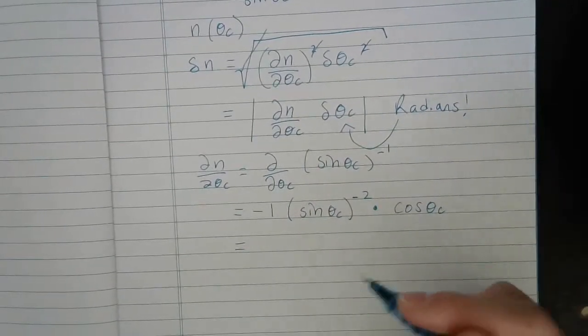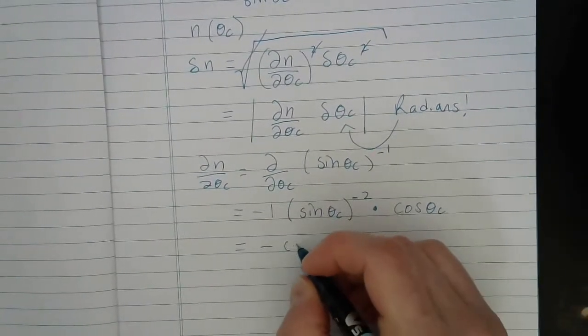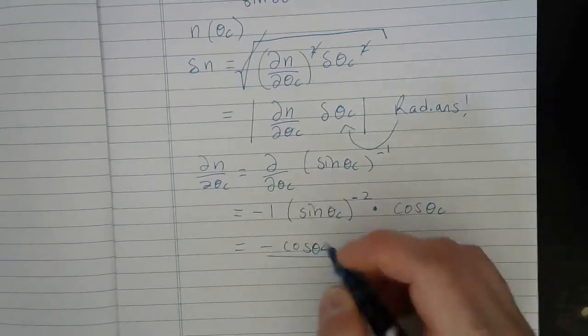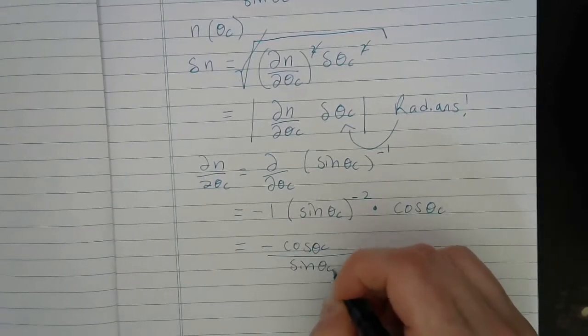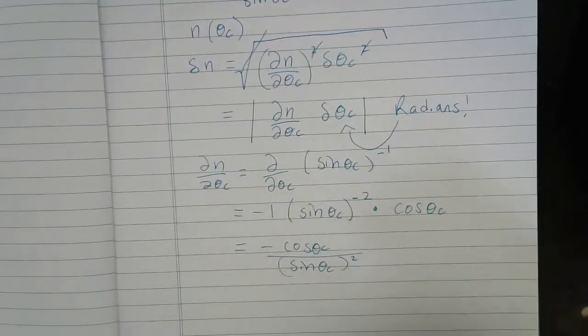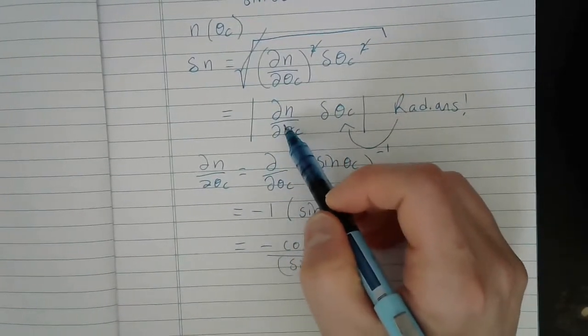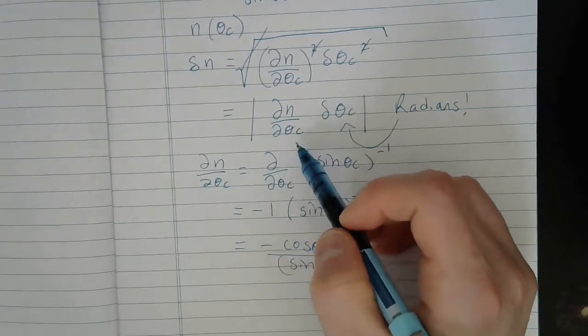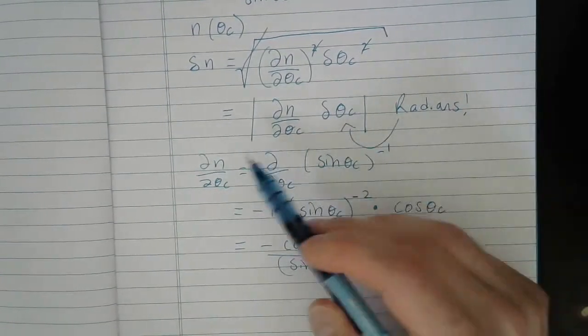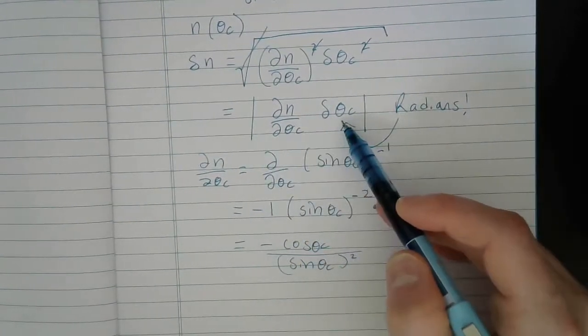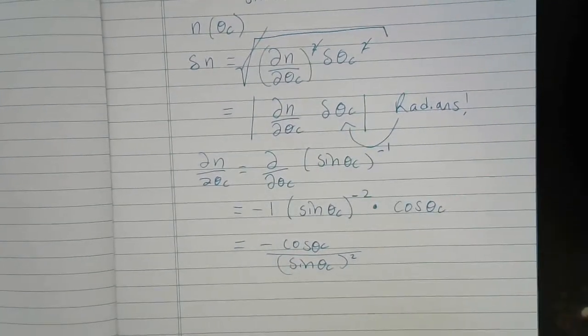So that gives us negative cos theta c over sine theta c squared. And now this is what goes into our partial derivative part of the expression, and it is just plus or minus the absolute value of that times the uncertainty of theta c.